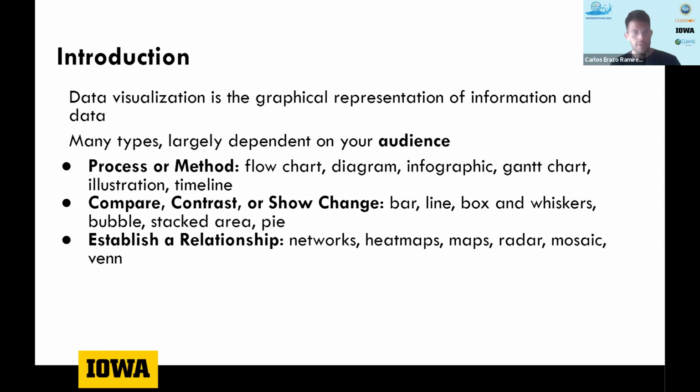And all in all, what we're trying to do is establish relationships as well. And though you can do it through the tools that were mentioned previously, usually there are other ways of showing this, such as networks, heat maps, maps, radars, mosaics, Venn diagrams, etc.